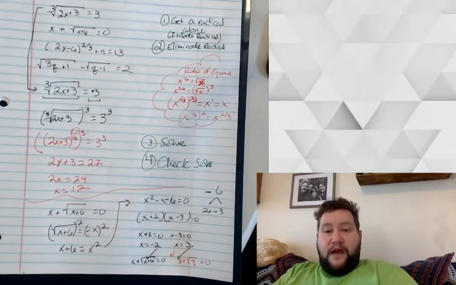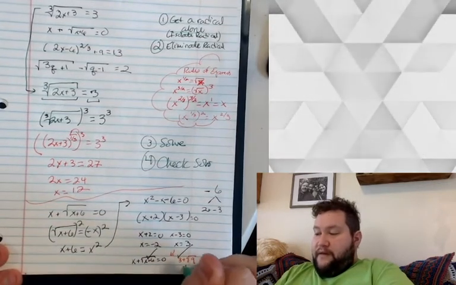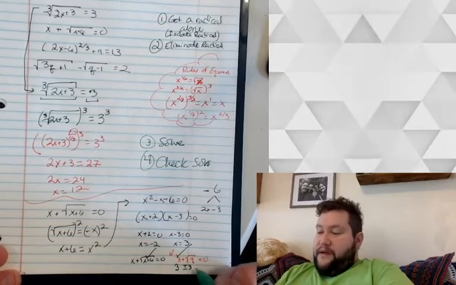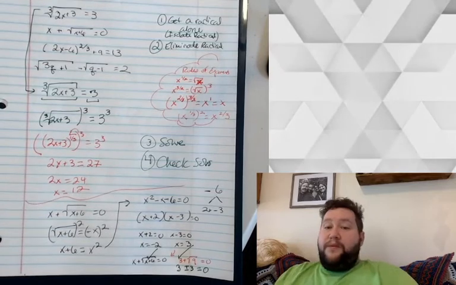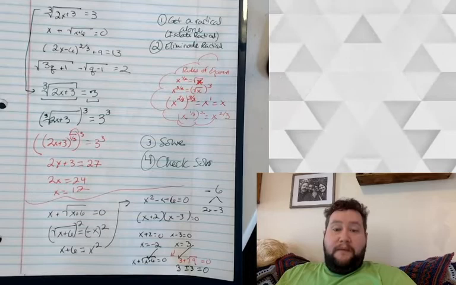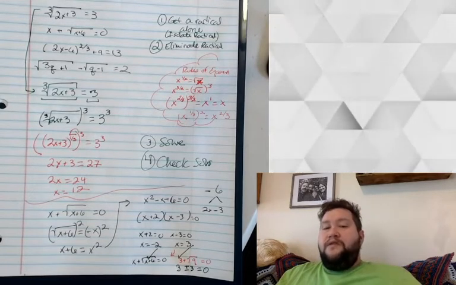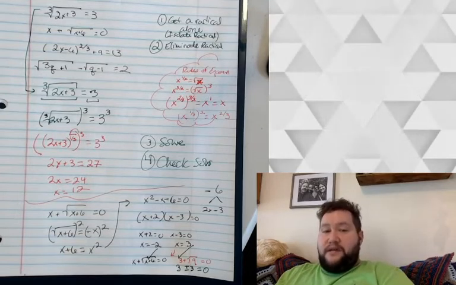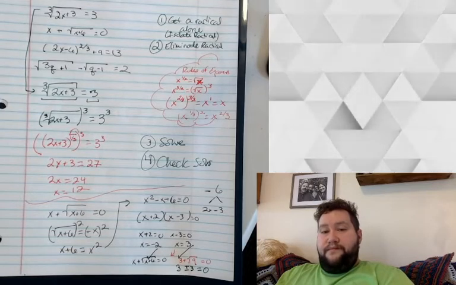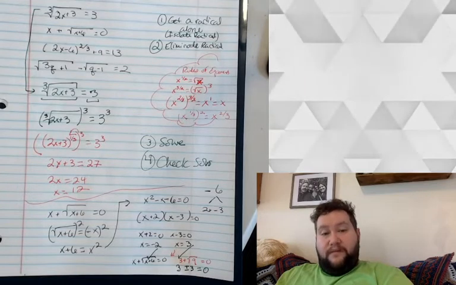The square root of 9 is plus or minus 3. So 3 plus or minus 3 equals 0. Well, 3 plus 3 doesn't equal 0. 3 minus 3 does equal 0. So the algebra there, the calculation, does work out, because 3 minus 3 is equal to 0.